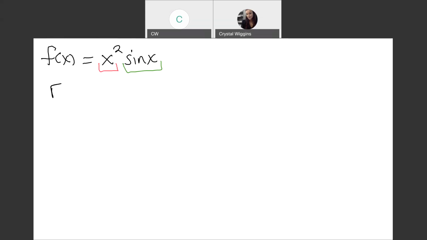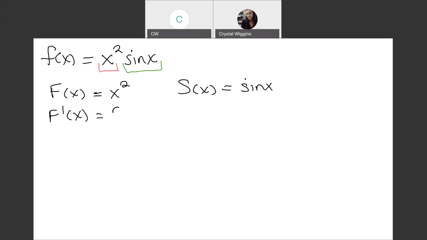I'm going to label my first function x squared and my second function sine of x. And then I'm going to find their corresponding derivatives before plugging them into the product formula. So the derivative of x squared is 2x, and the derivative of the second function sine x is cosine x.